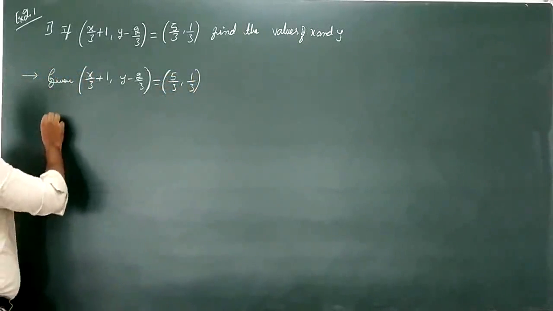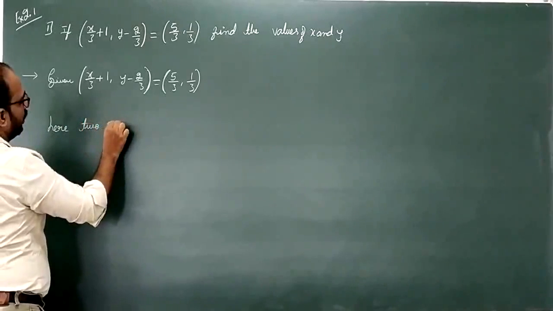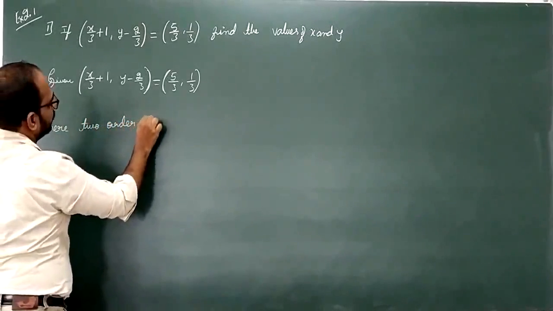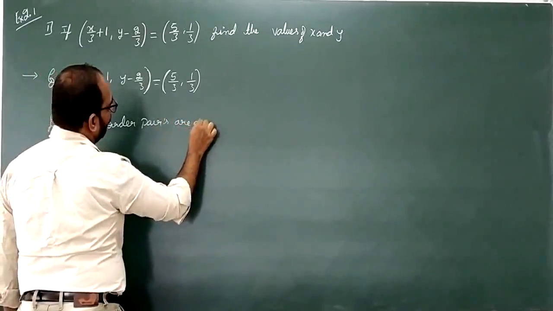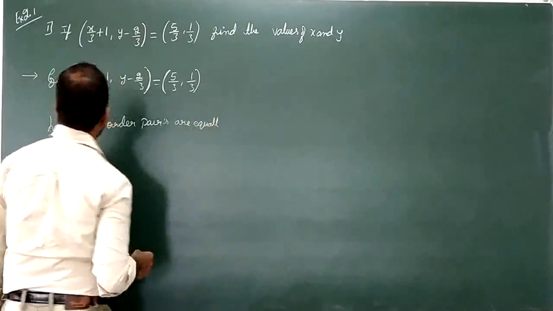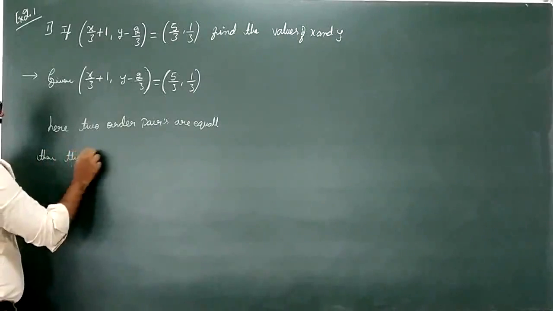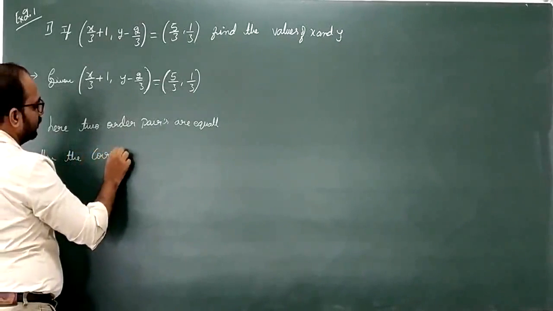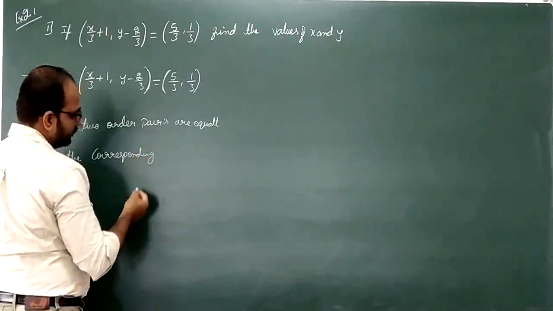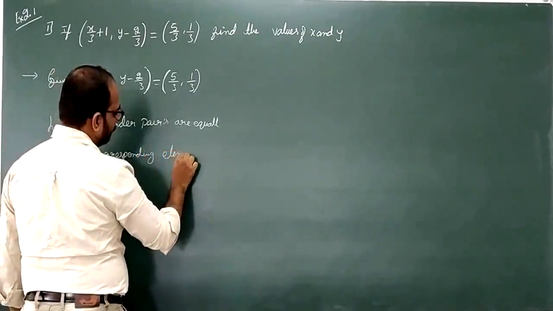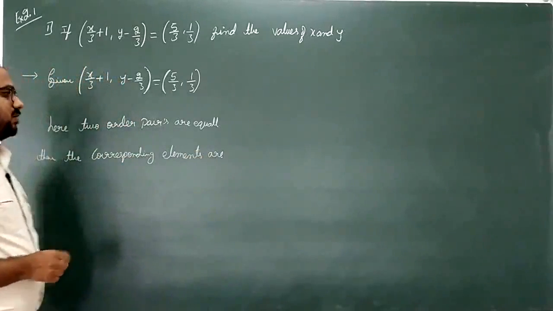Here two ordered pairs are equal. If ordered pairs are equal, then the corresponding elements are equal.